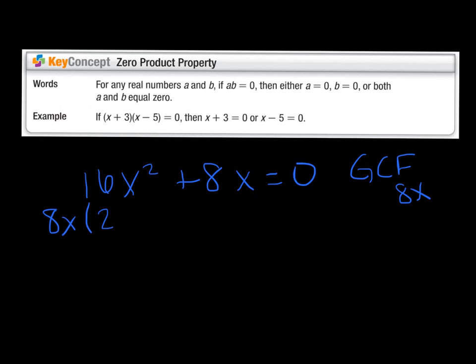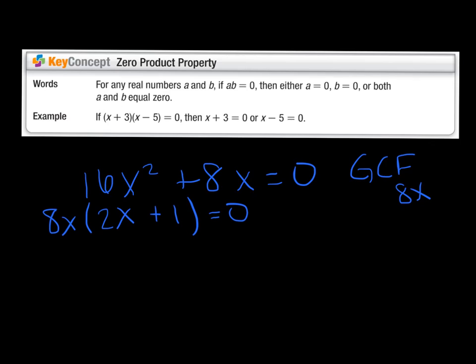The answer is 2. And the variables, what times x gives me x squared? And x times x gives you x squared because you have two x's, right? So then I will ask myself, what times 8x gives me 8x? If you get the same thing, you must be multiplying by 1.